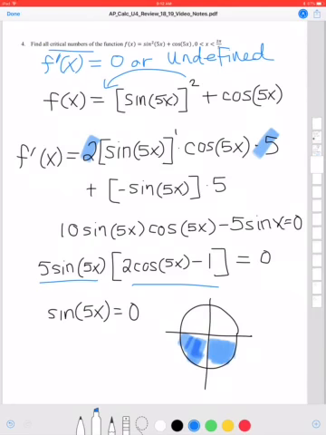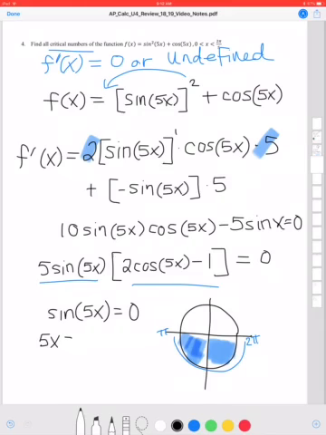Well, that will be anywhere where the y value is 0. So that'll either be in this quadrant or in this quadrant. So sine is 0 between pi all the way around to 2 pi.